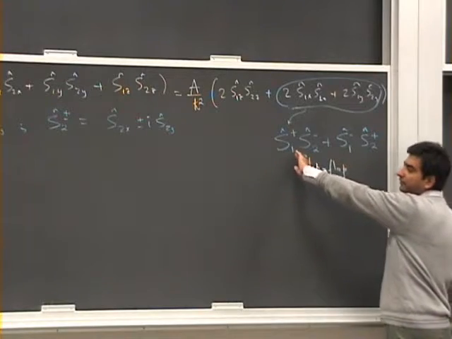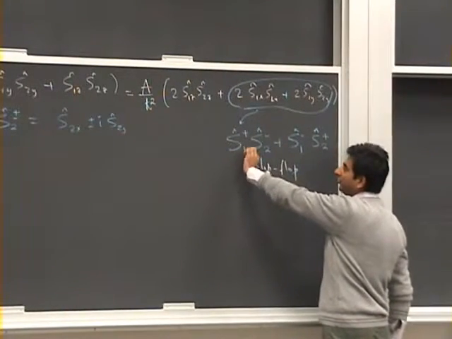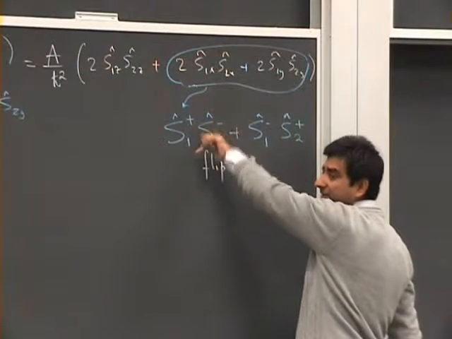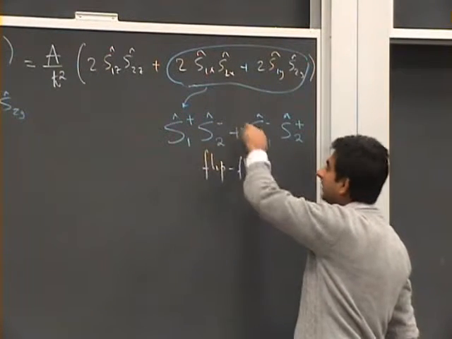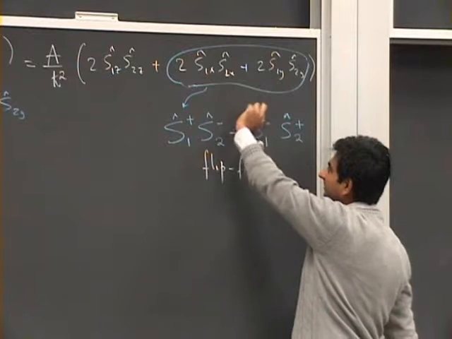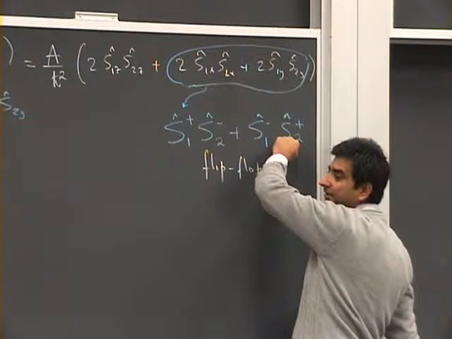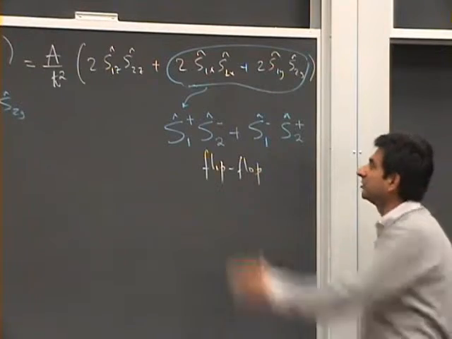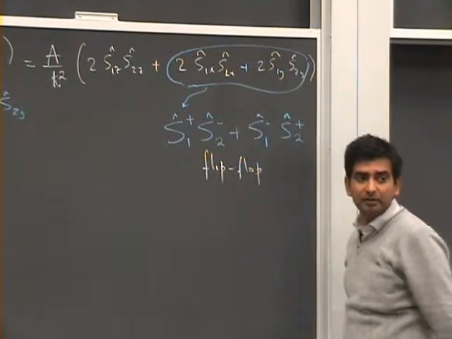Flip-flop because on the first Hilbert space, the operator is raising the quantum number, and in the second Hilbert space, it's lowering. In the first Hilbert space, if it's lowering, in the second Hilbert space, it's raising the appropriate quantum number. So it's generally called a flip-flop term.